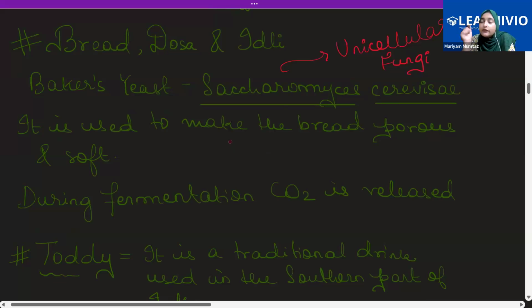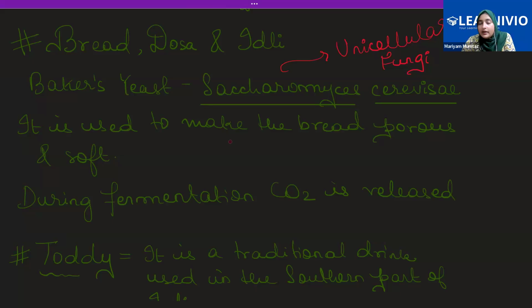Porous means a lot of holes are present, and it makes the bread soft. How does it do so? During its growth or survival, the yeast does fermentation. And during that time, CO2 gas is released, which causes the rising up of the dough.